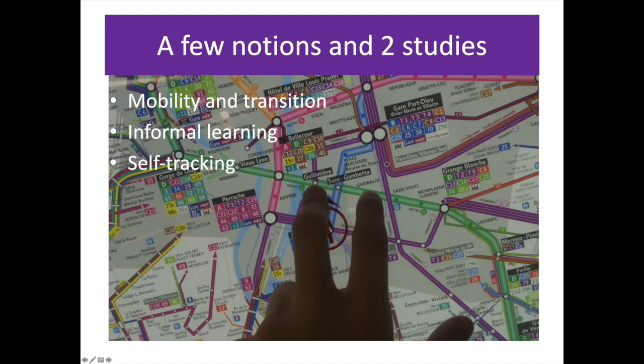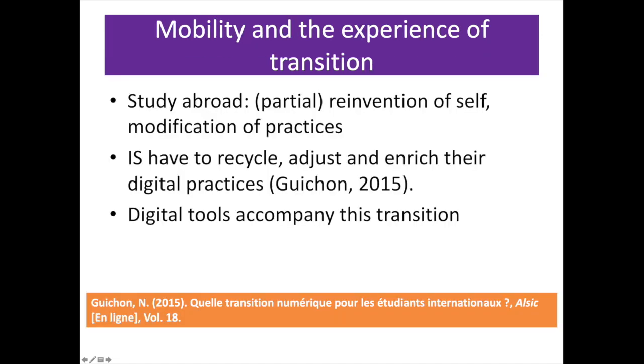Right, so as I said, I'm going just to explore a few notions with you. I'm going to present those two studies. The first one has to do with mobility.